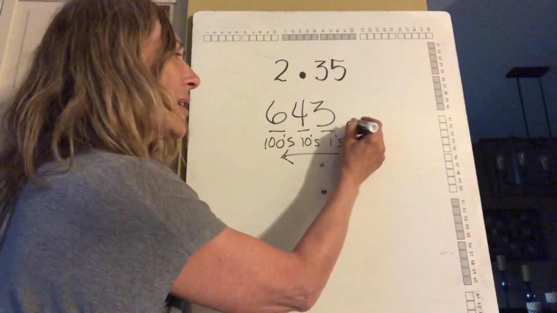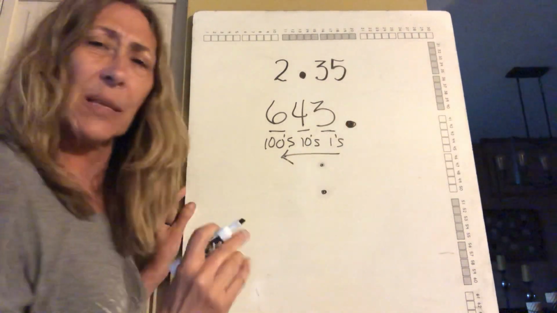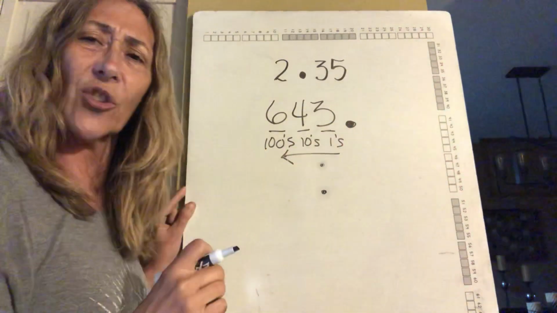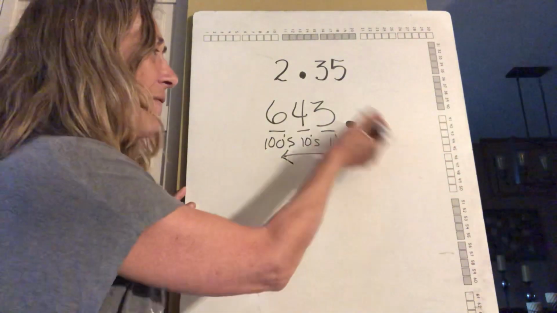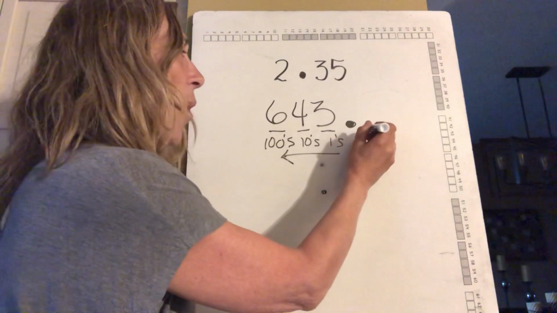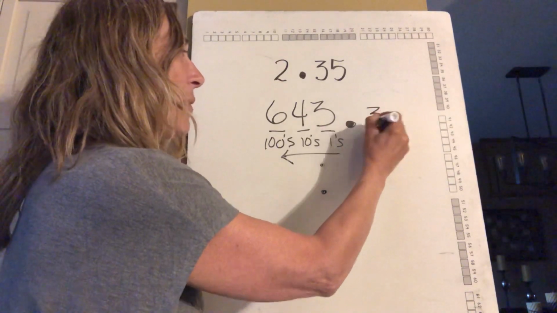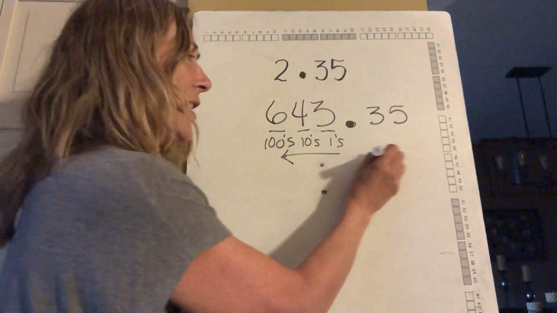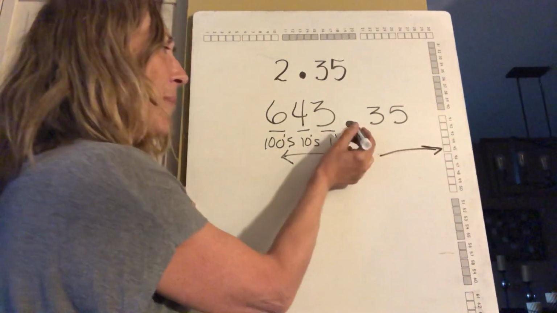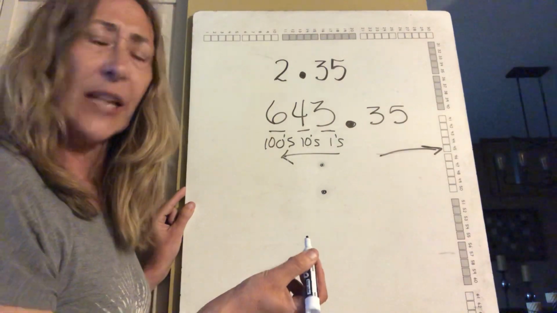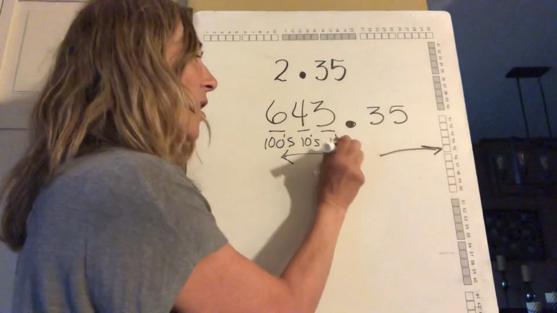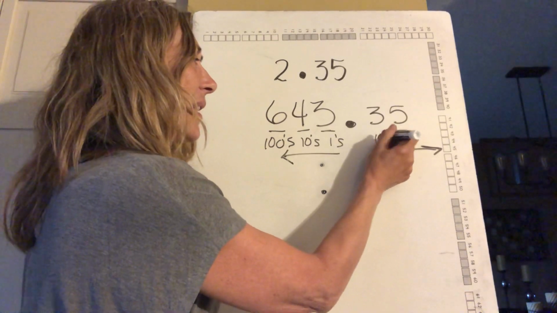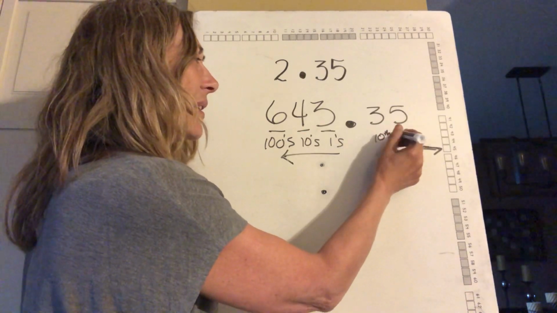So now I'm going to introduce this decimal, and I'm going to go in the opposite direction. So instead of every time I move over one place, let me put my 35 back in here, I'm going now to the right. So I'm going away from the decimal point, so it's getting smaller. So going to the right, this is the tenths.